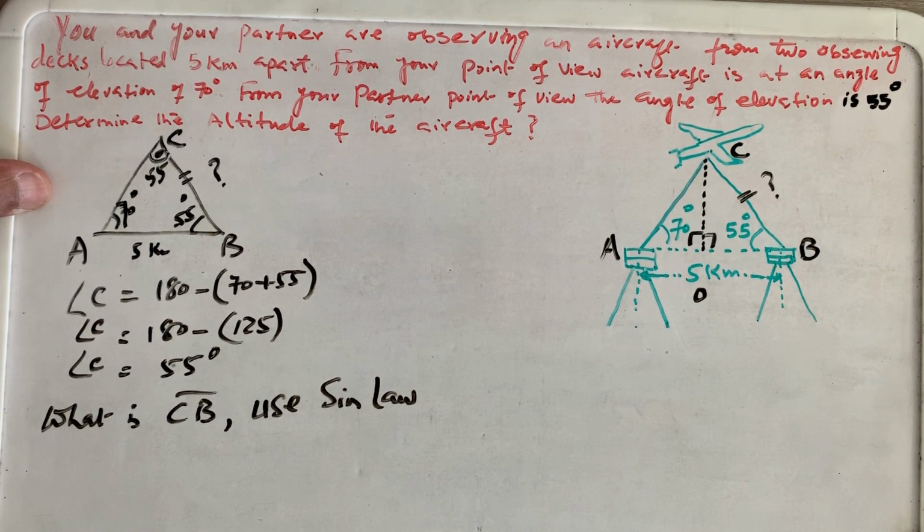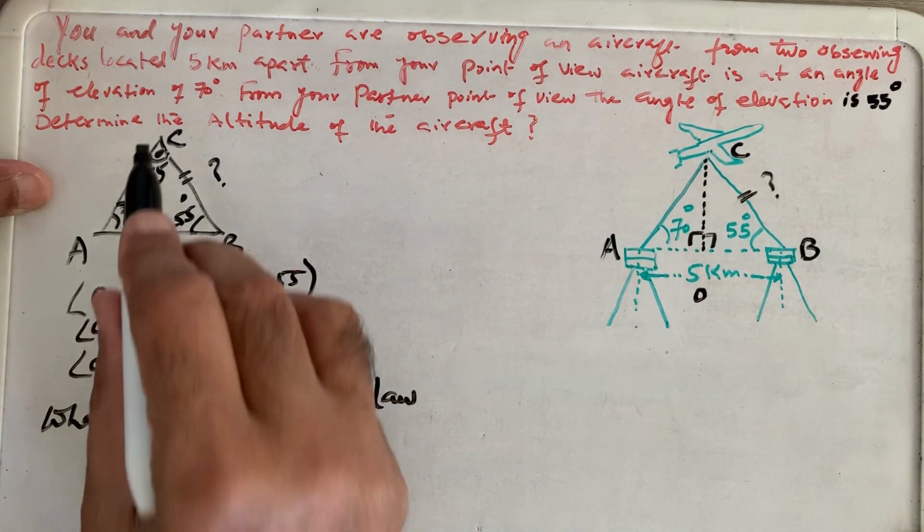Sine is opposite over hypotenuse, cos is adjacent over hypotenuse, tangent is opposite over adjacent. We have already done that exercise. So what is CB? CB is this side.